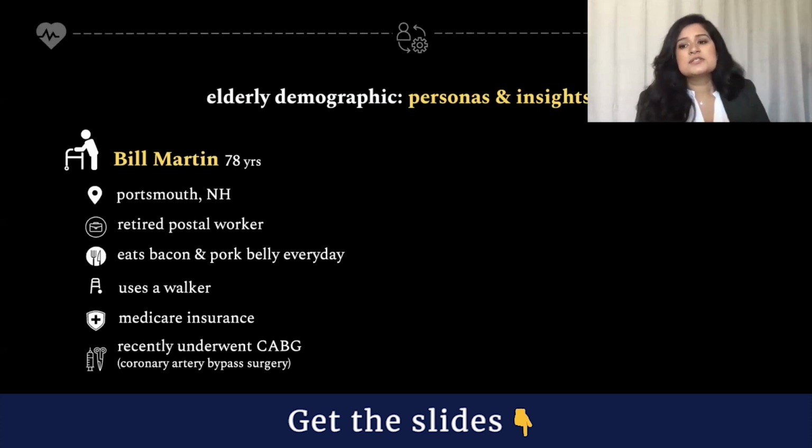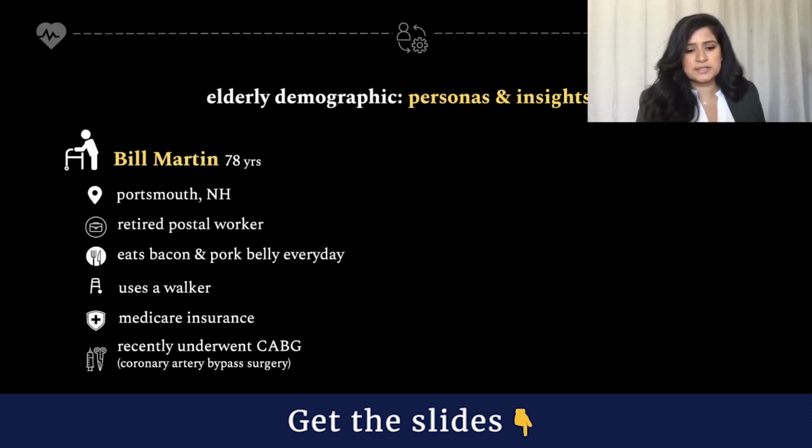The first persona I have here is a person called Bill Martin. He's 78 years old. He lives in a fairly suburban neighborhood, Portsmouth in New Hampshire. He's a retired postal worker. He eats bacon and pork belly every day. He uses a walker, and he's also subscribed to Medicare insurance, which is the government-funded insurance.